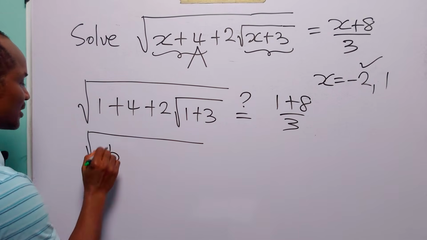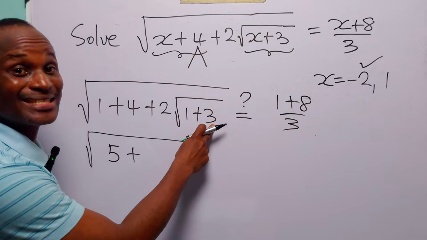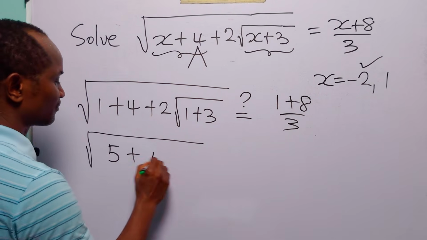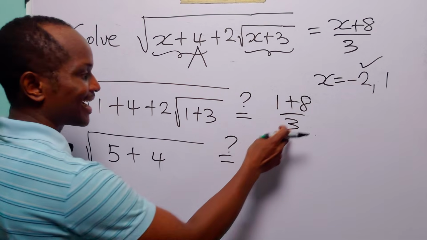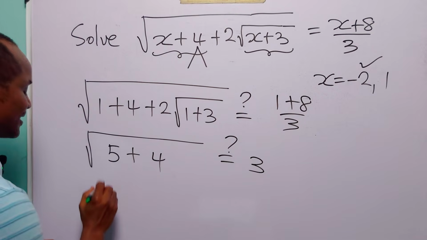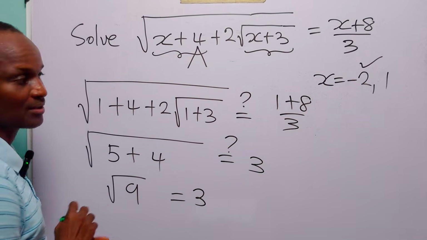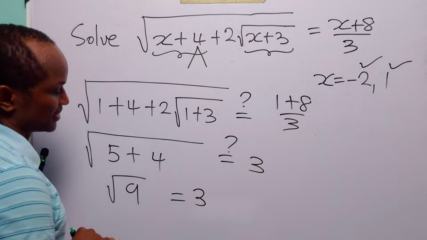So we have 5 plus, 1 plus 3 is 4. The square root of 4 is 2. 2 times 2 is equal to 4. 1 plus 8 is 9. 9 divided by 3 is 3. 5 plus 4 is 9. The square root of 9, of course, is equal to 3. So, x equal to 1 also checks out.